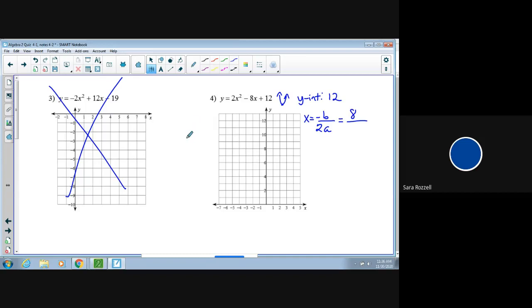Paris, the a value, can you tell us? It's 2, right? So 2 times 2 is our a value. That's our number in front of the x squared. That's 8 divided by 4. And 8 divided by 4 is 2. So the x coordinate of our vertex is 2, and we're going to plug that in.